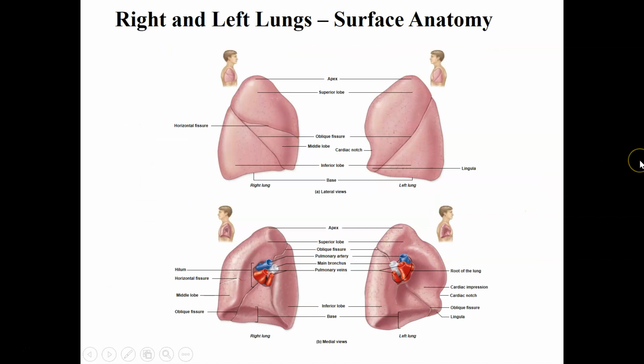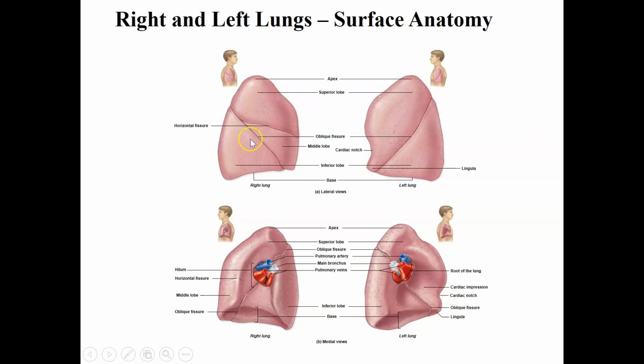This slide is showing the surfaces of the lungs. This would be lateral at the top, medial surface at the bottom. The medial surface shows the root of the lung. All of the tubes gather together here, entering at the hilum. That's the indentation. The lateral surface illustrates some of the main differences between the right and the left lung.